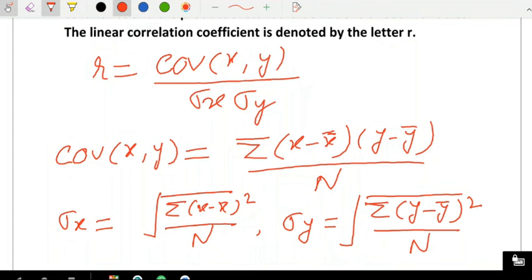But to remember this formula is very difficult, so I am going to shorten it. Putting in all these values and simplifying, we get the short formula, but the short formula is also not so short.